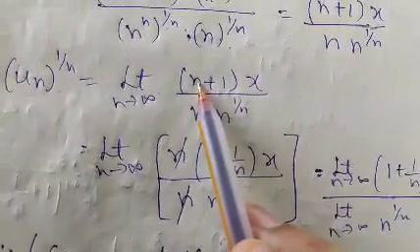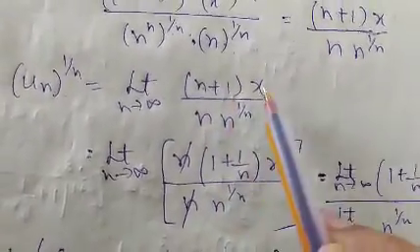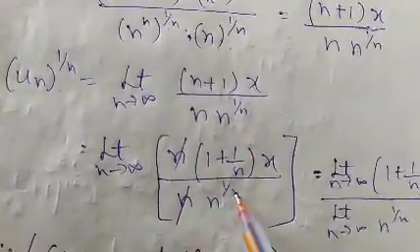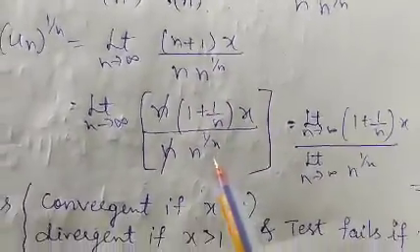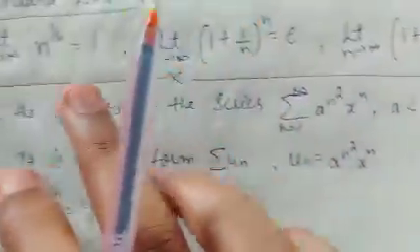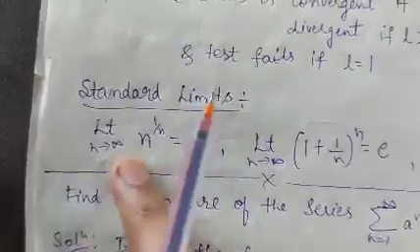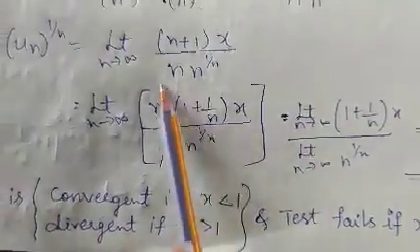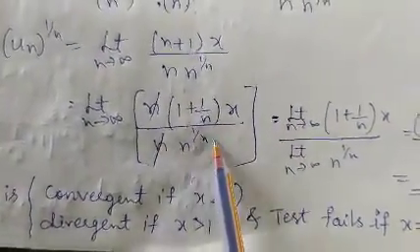So 1 plus 1 by n comes here, and x as it is. Keep n power 1 by n as it is. Why? This you already studied, this is a standard limit, so don't change that. As I already told, limit n tends to infinity n power 1 by n is 1. So don't take anything as common from that step.